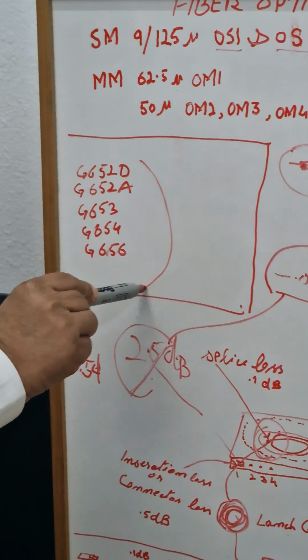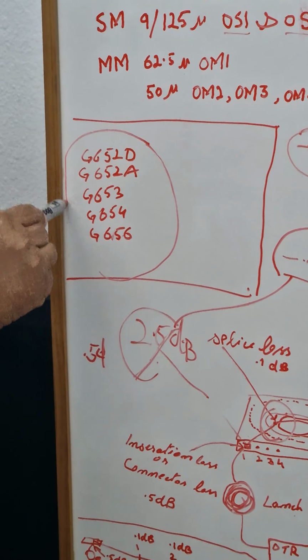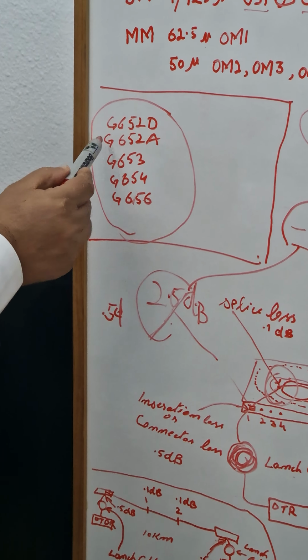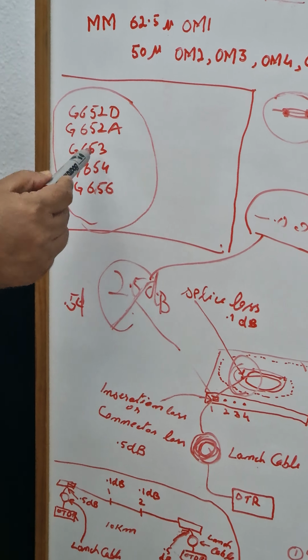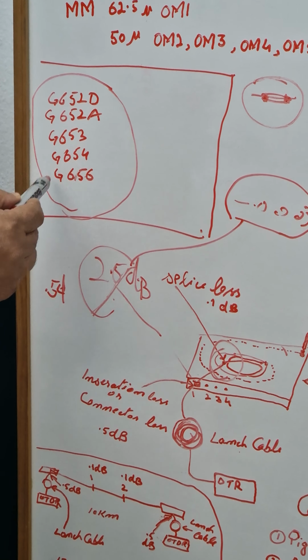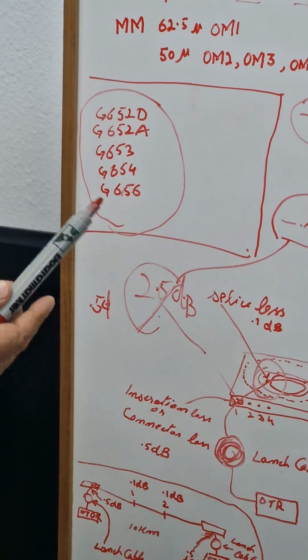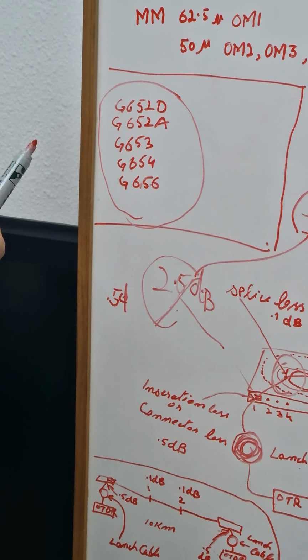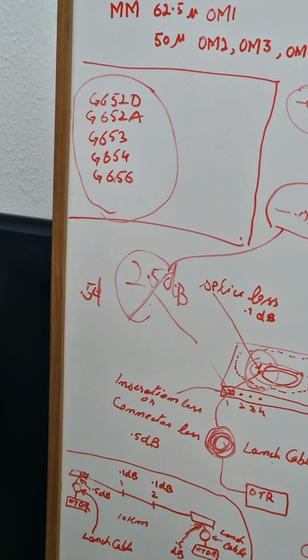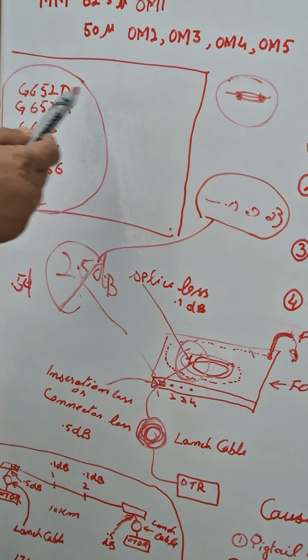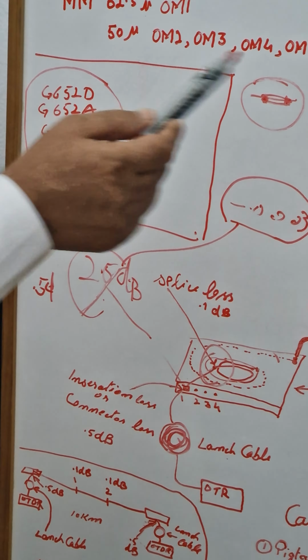Now we are talking about the fiber optics. So we have G652D, G652A, G652, G654, G656, many types. In another video I will explain each type of the cable and why we are using it. Normally G652D is being used for the long haul, the long distance.